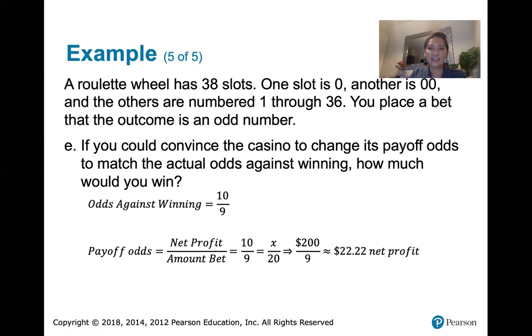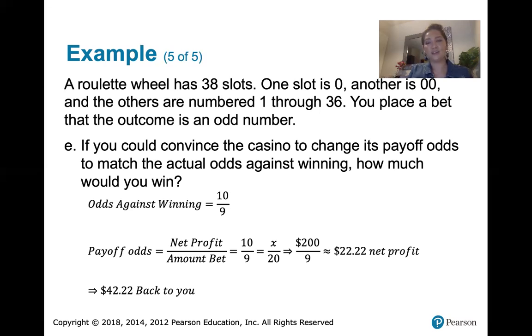So in this case, if the payoff odds were changed to be the actual odds against winning, then the net profit would be $22.22. So if you made a $20 bet and you had a net profit of $22.22, they would give you $42.22 back.